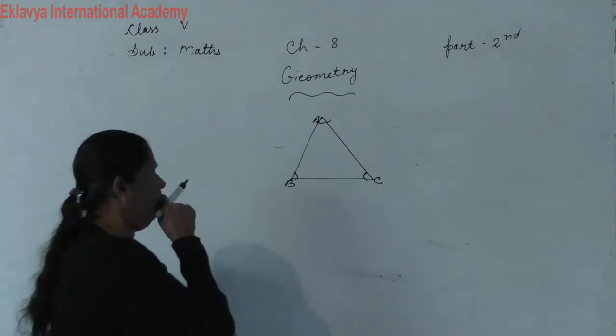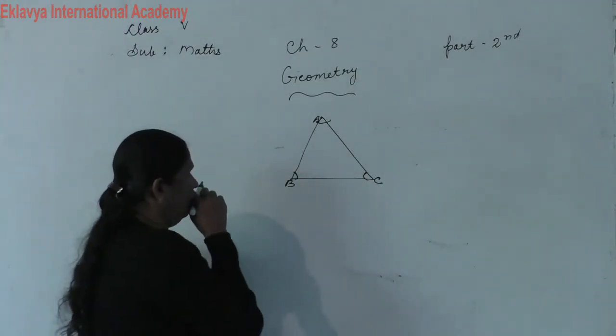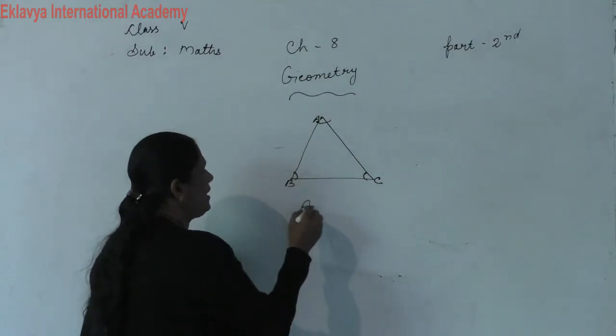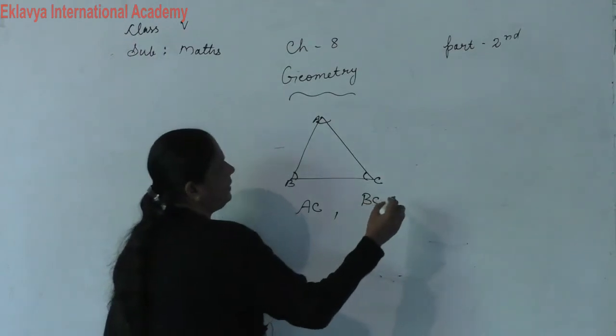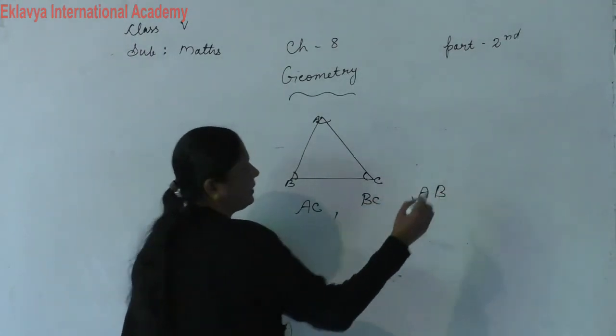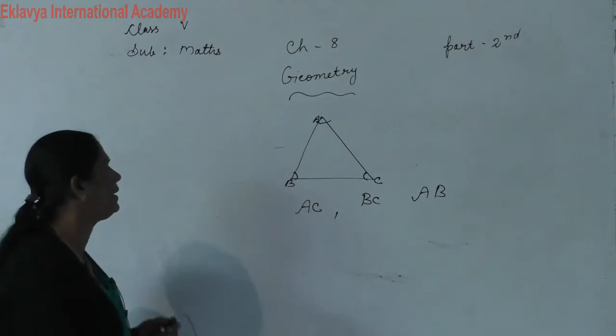Line segment AC, line segment BC, and line segment AB are the 3 sides of a triangle.